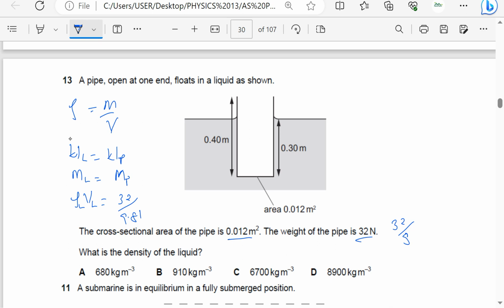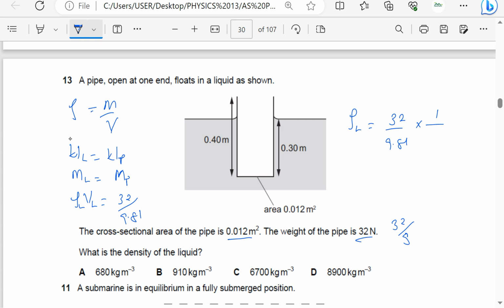So the density of the liquid is going to be 32 divided by 9.81, then divided by the volume of the liquid.